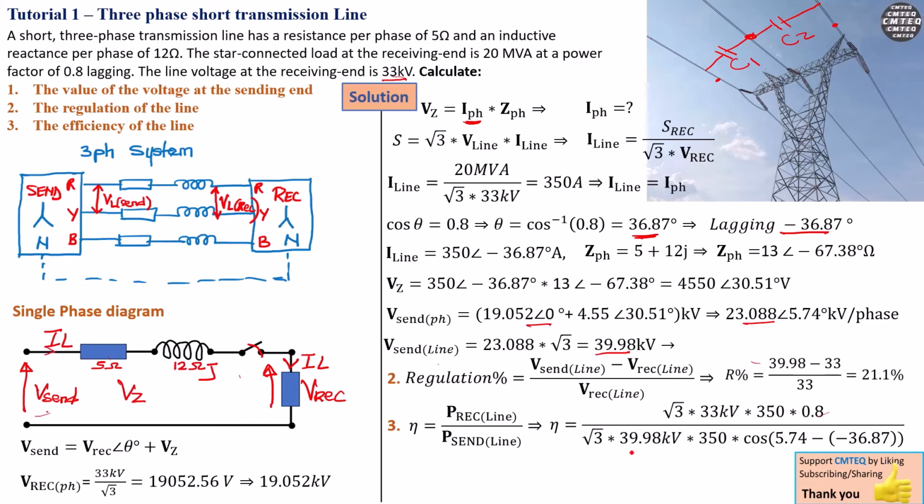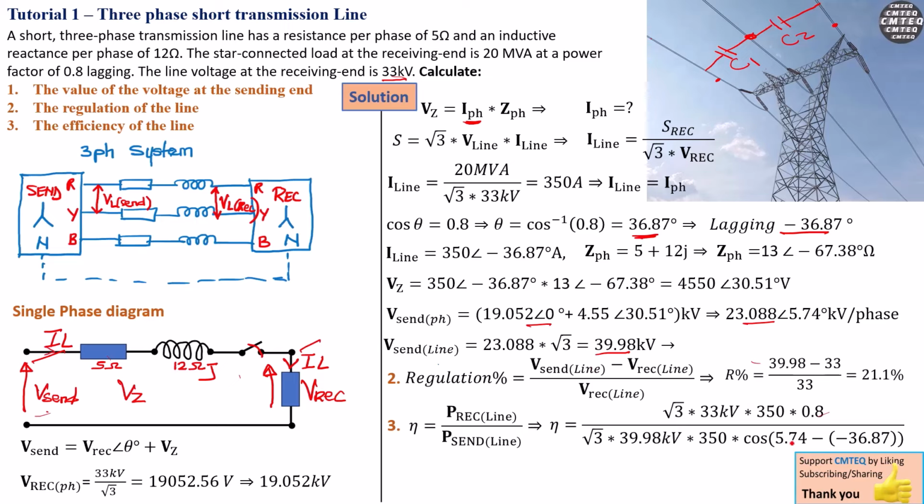Now what is the power at the sending end? The power at the sending end is the square root of 3 times the 39.98 kilovolt times the magnitude of the same current, because remember the current here is the same current that you see at the receiving end. Then the angle, very important here.